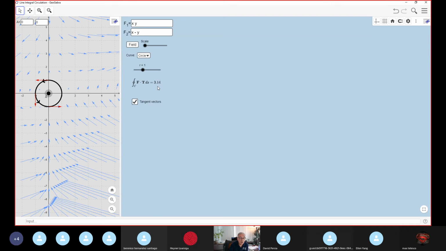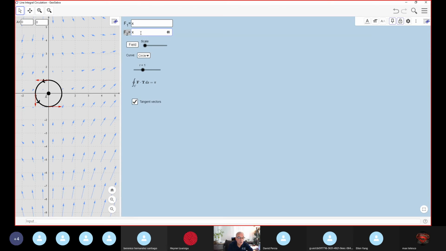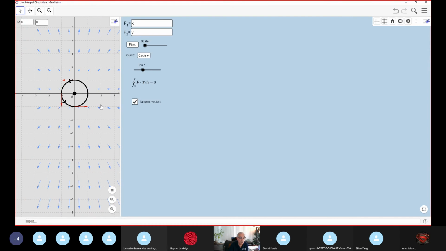We compute another example, the radial vector field. I suppose you remember it is x and y, no? Let me change. I can experiment with this. In my opinion, this is amazing, guys. Look, you click here. You see the vector field is radial?